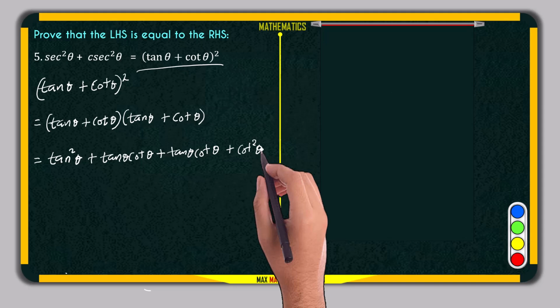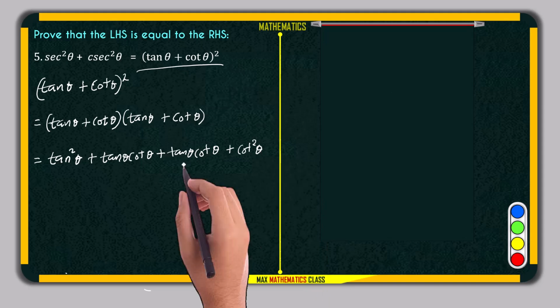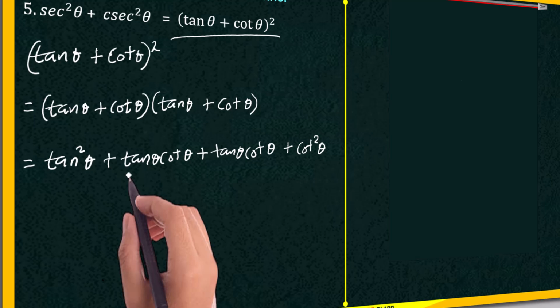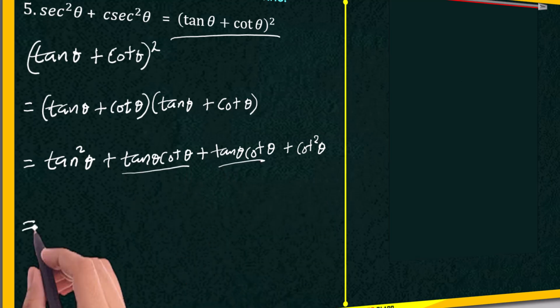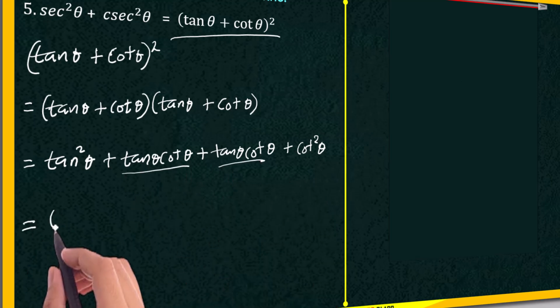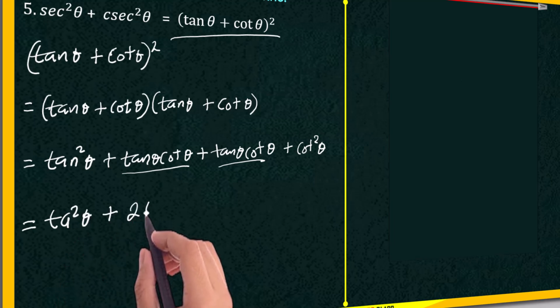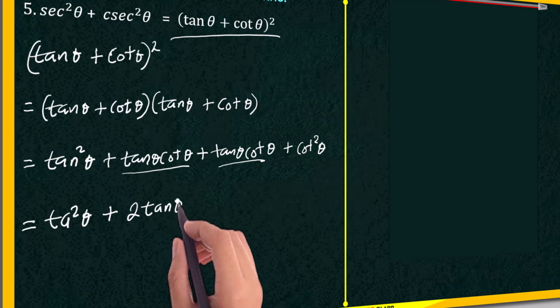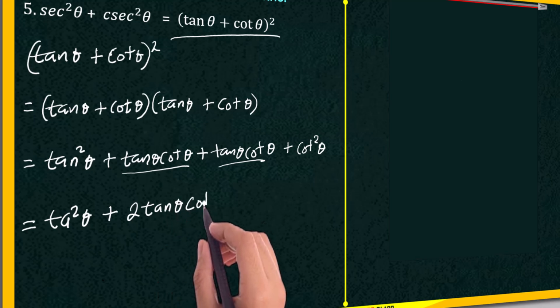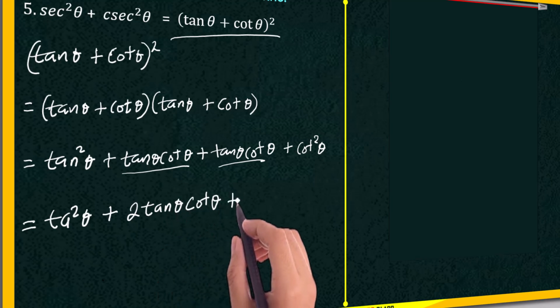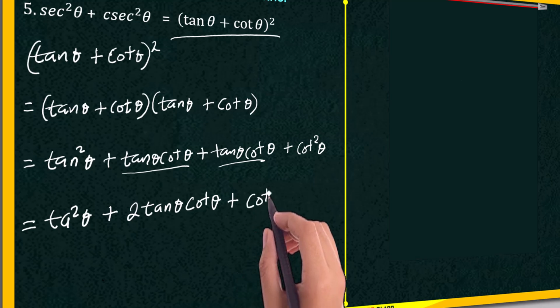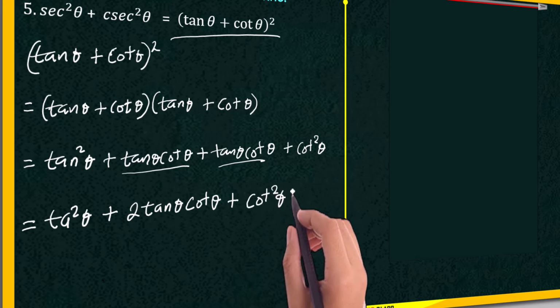So after this expansion, we know that these two are like terms. We have to add them. So we have tan squared theta plus 2 tan theta cot theta plus cot squared theta.